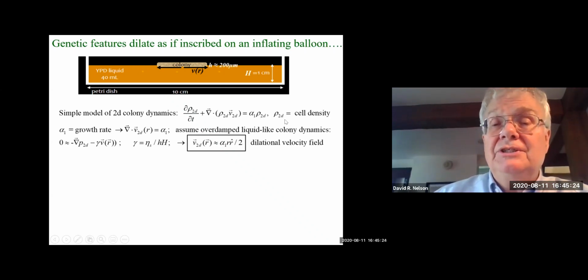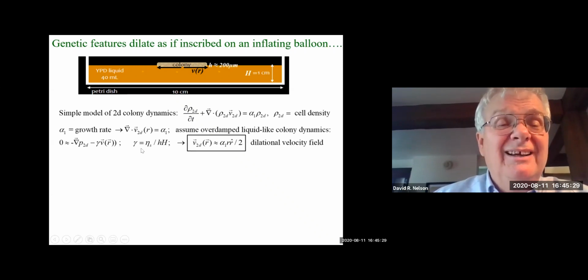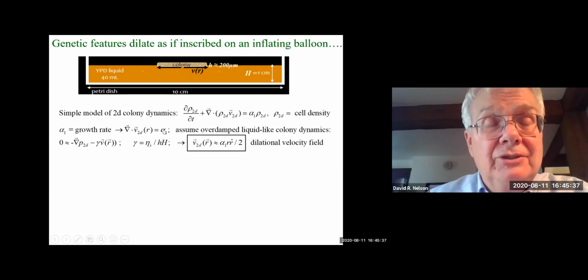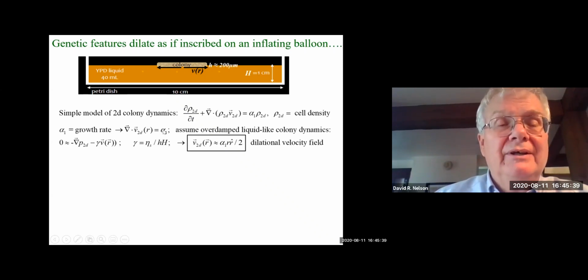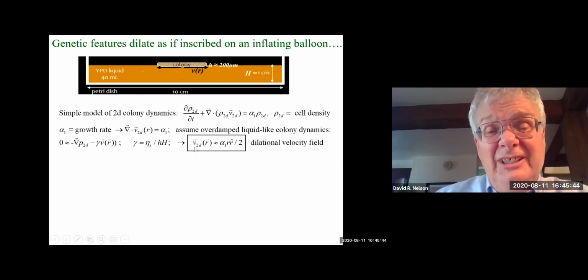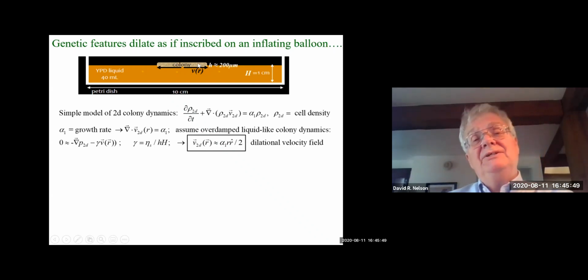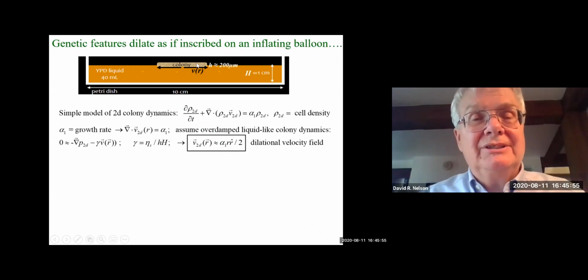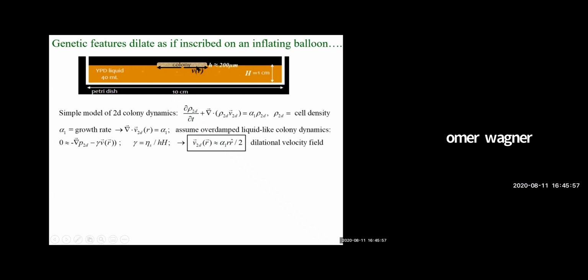So if rho 2D is the cell density projected down for this colony, then you can solve this equation, and the divergence of this 2D velocity field is actually the growth rate. So here's another source of effective 2D incompressibility, just the growth itself. And you can find that there's indeed a radial velocity field of this colony just because the organisms are dividing with excluded volume interactions and pushing each other outwards once they reach this height.